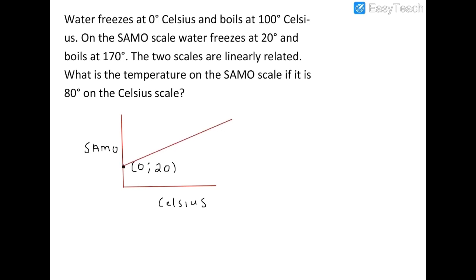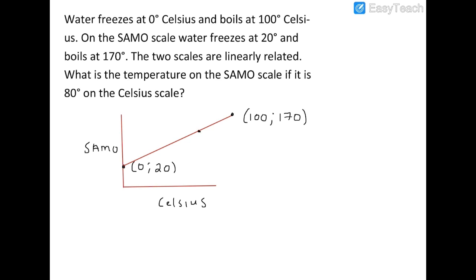And we have a straight line, it looks something like that. And somewhere at the top there we have another point. On the Celsius scale, it will read 100, but on the SAMO scale, that will be 170.